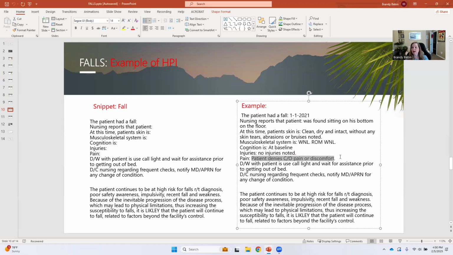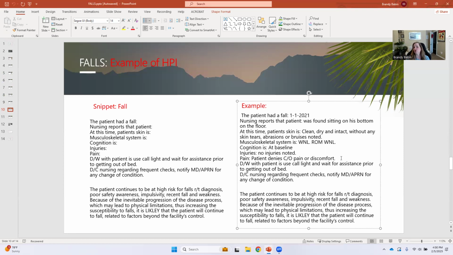Now, we do have a lot of patients that are on Lortab, Oxy, Dilaudid, fentanyl that do have chronic routine pain. So you could write something like patient denies any increased complaints of pain or discomfort related to falls.